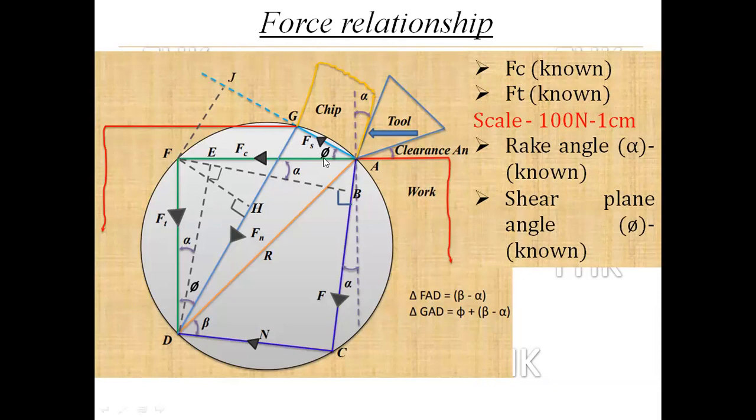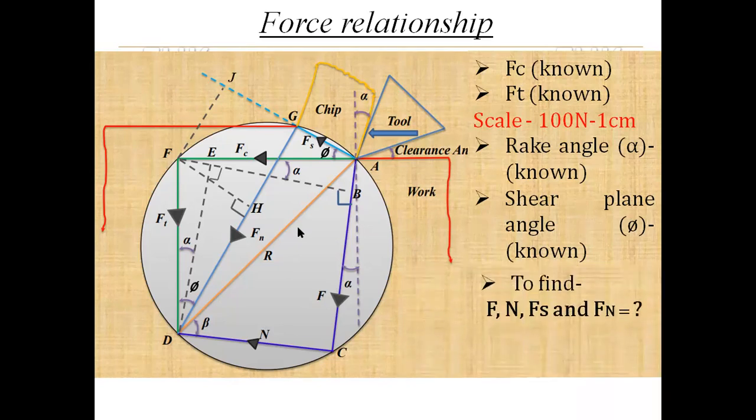Alpha is the rake angle and phi is the shear plane angle. We have already drawn the different forces Fs, Fn, F and N, which are unknown forces, by taking some suitable scale and drawn into that circle.